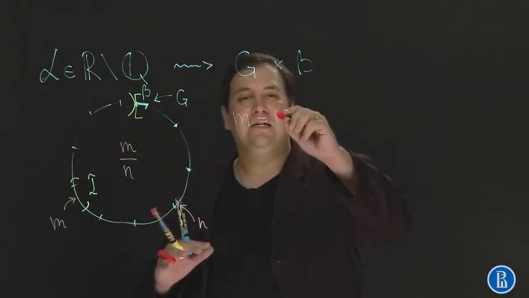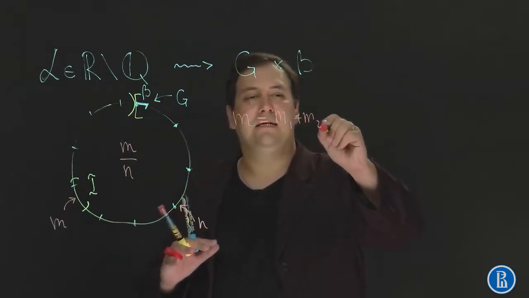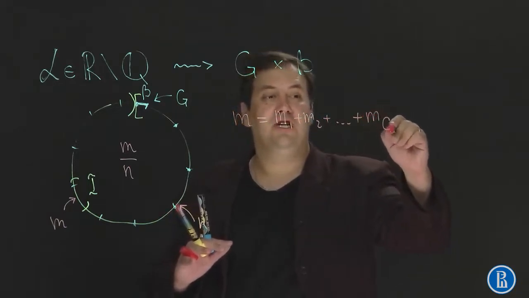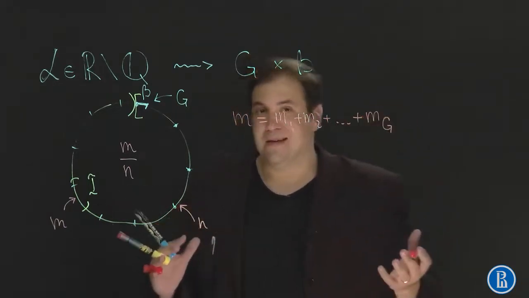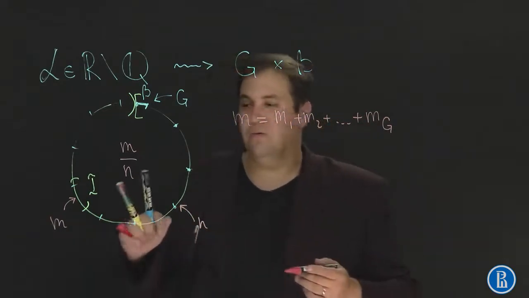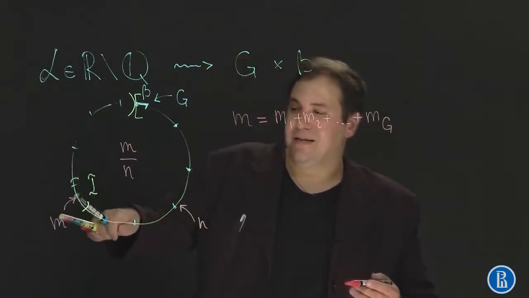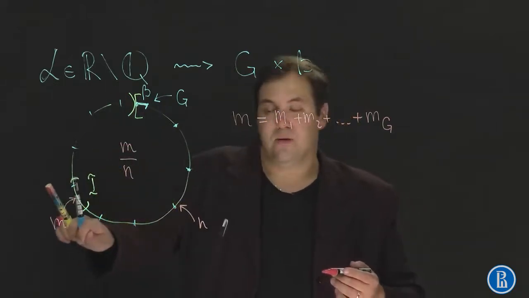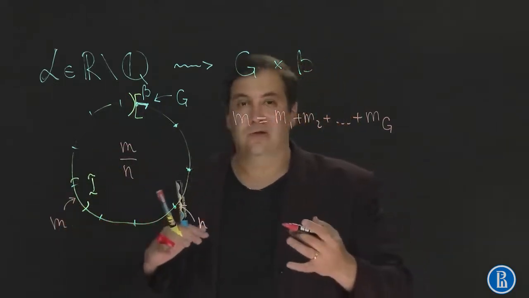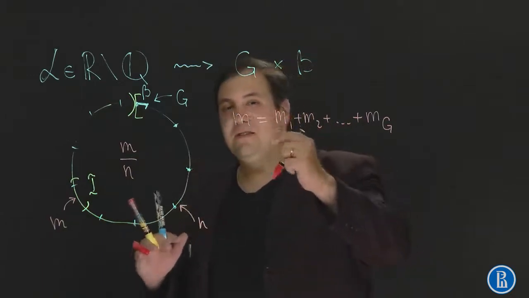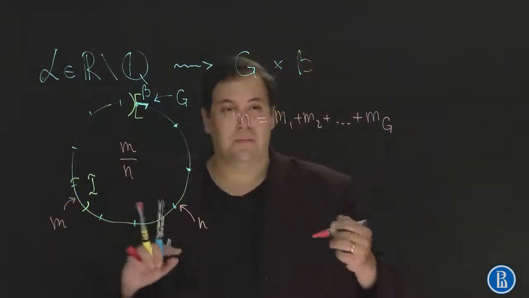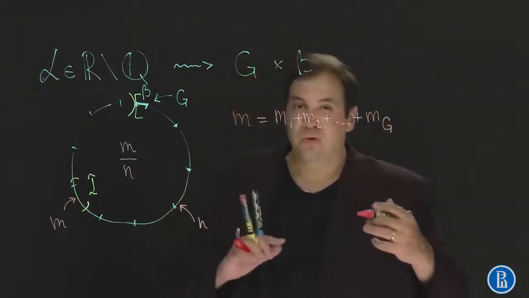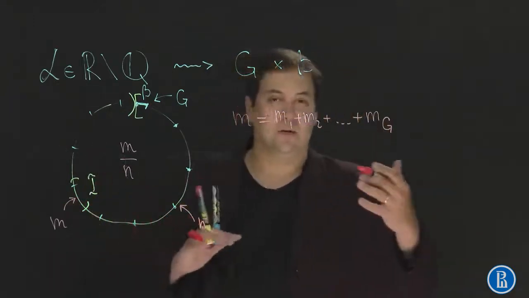Well, m is equal to m1 plus m2 plus and so on plus mg, which means that the number of times when the original grasshopper hopped into the interval is equal to the number of times when the first new grasshopper hopped into the interval plus the number of times when the second new grasshopper hopped into the interval, and so on.